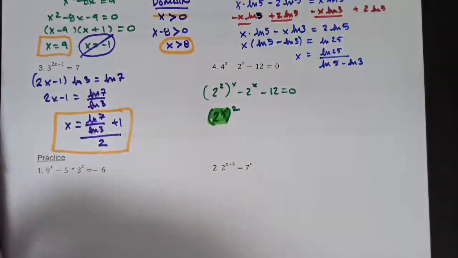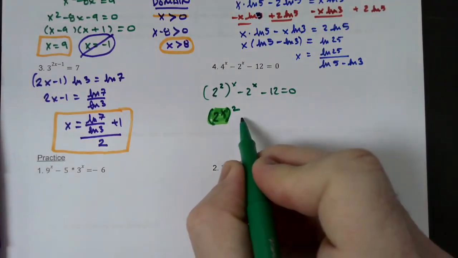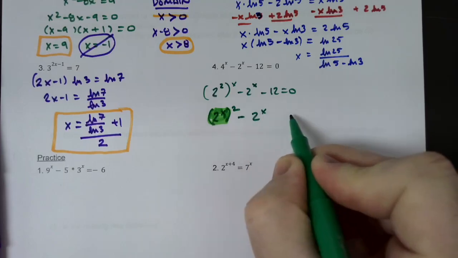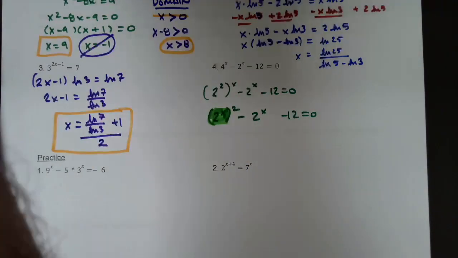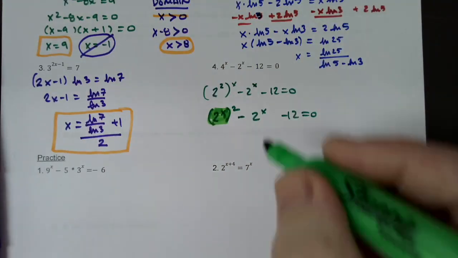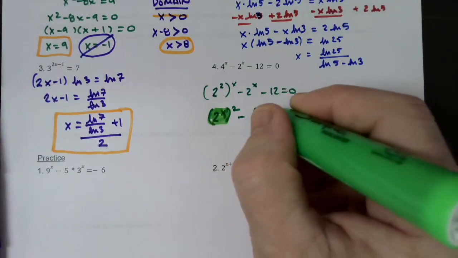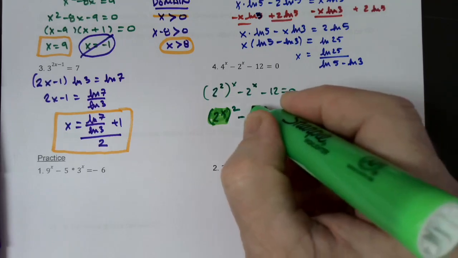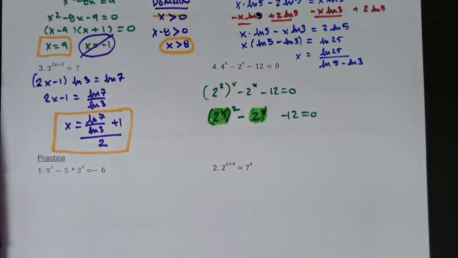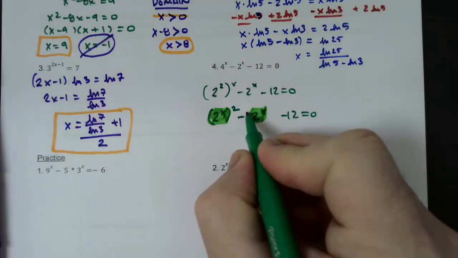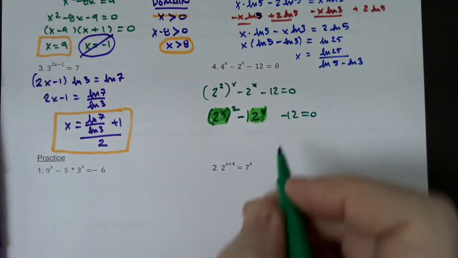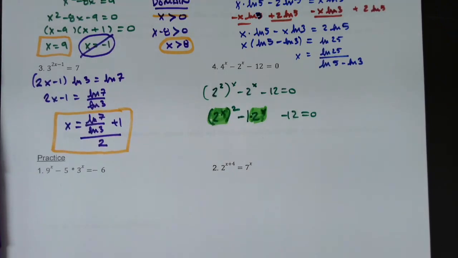And then what I'm going to think of is I've got minus 2 to the x minus 12 equals 0. Well, look at this. This is the same thing as that, 2 to the x. I've got it here and I've got it there. In other words, I've got one of these times that.